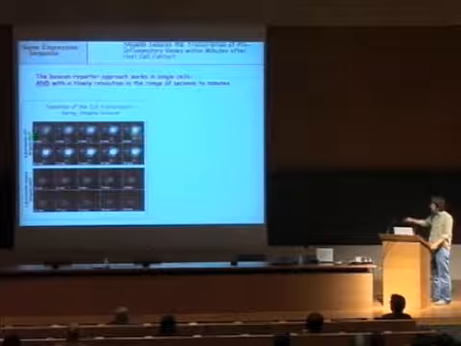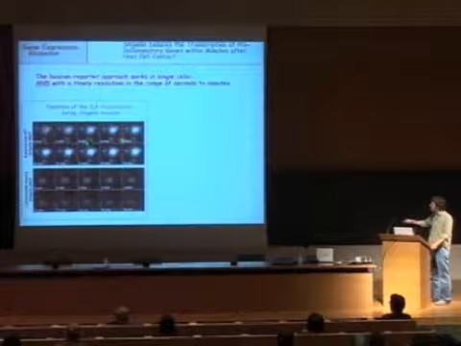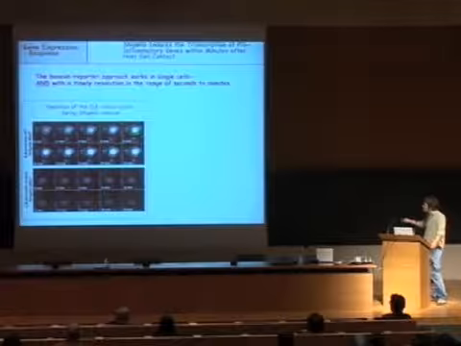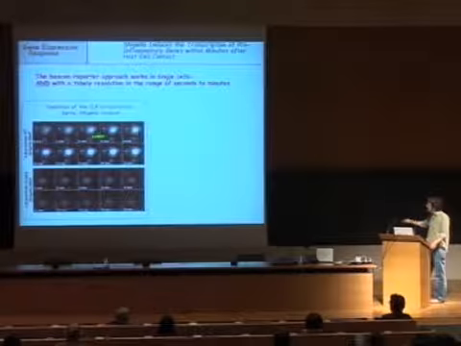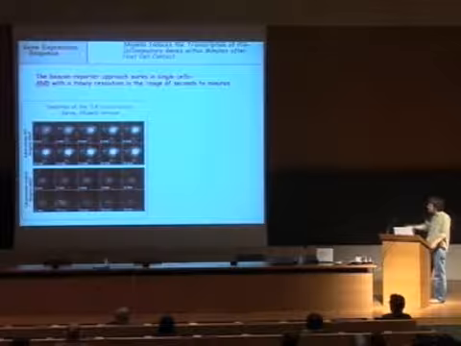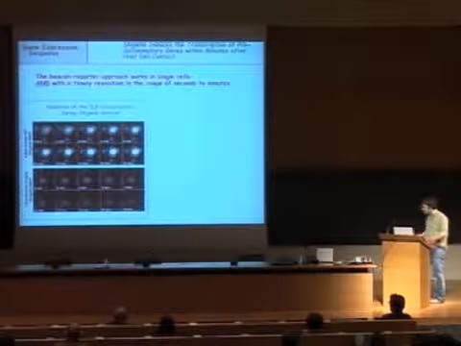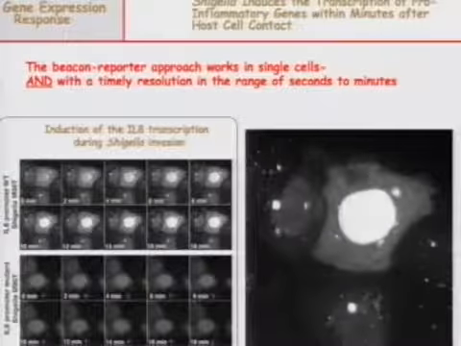If we look here at the time course, in about 4 to 8 minutes, you already have a massive increase of signal in the nucleus, indicating a strong induction of transcription of interleukin-8. When we use an interleukin-8 mutant promoter, we do not see any increase in the signal. And then we can also see this in a movie where we are just following a single cell lighting up in the nucleus.